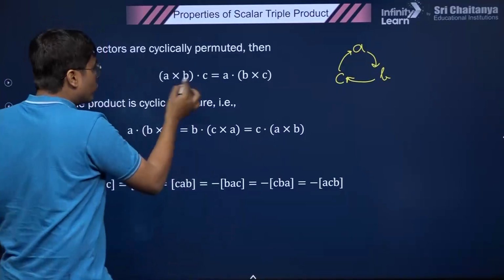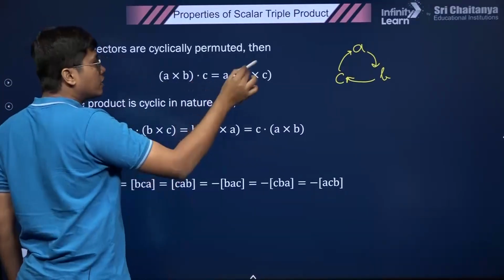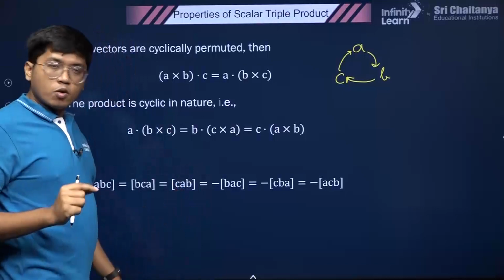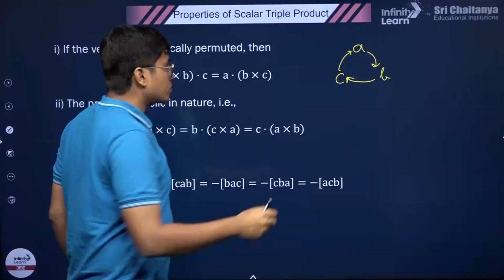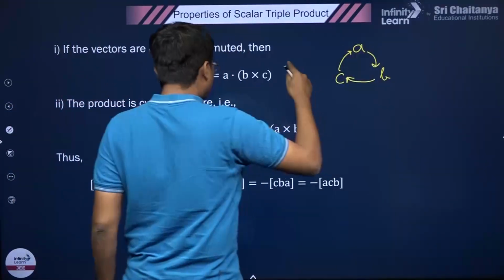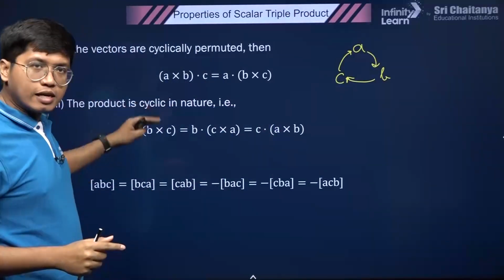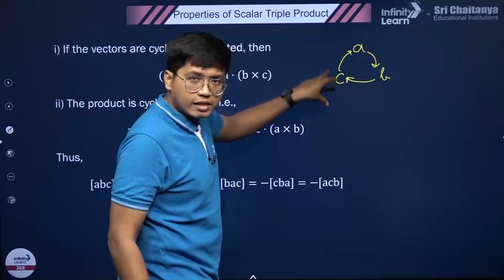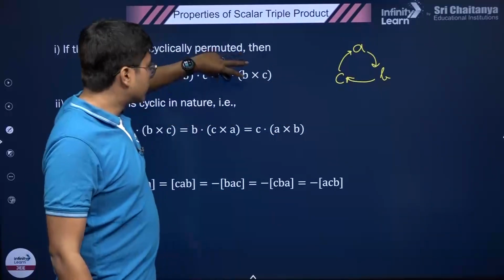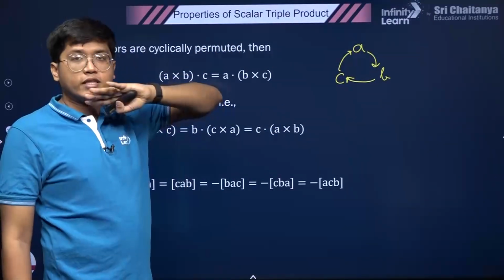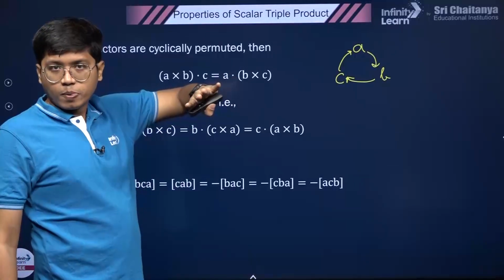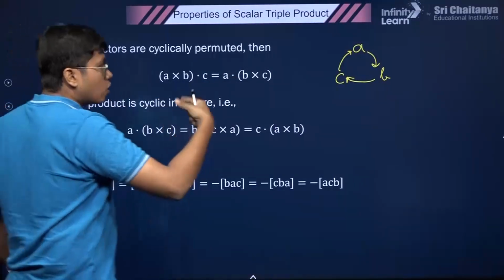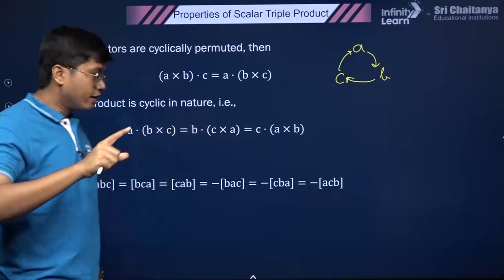You see over here it says a cross b dot c is equal to a dot b cross c. Why? It's not just shifting. As long as you're moving in this direction, as you will see over here, as long as you're moving in the direction in which the original cycle was, your scalar products are going to stay equal. There's been no negative sign. But if you move in the opposite direction, then it will come with a negative sign.